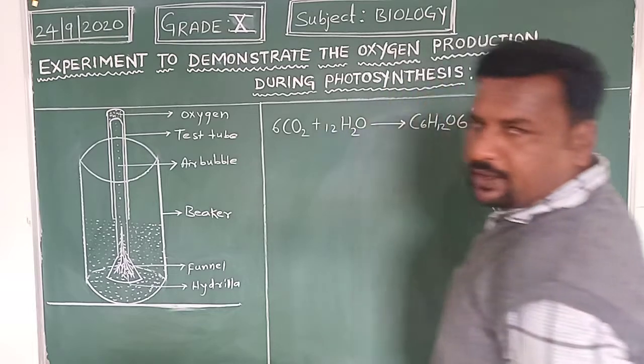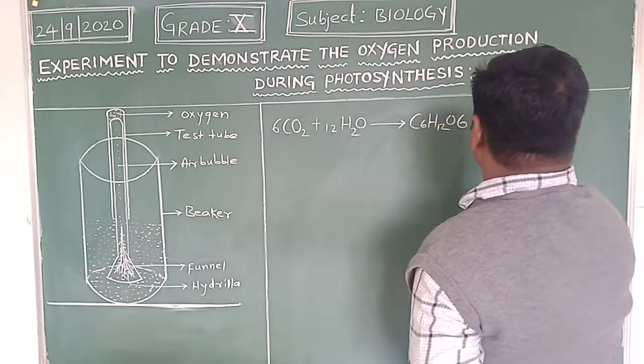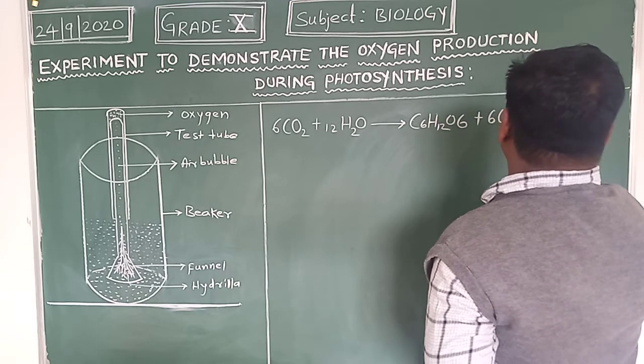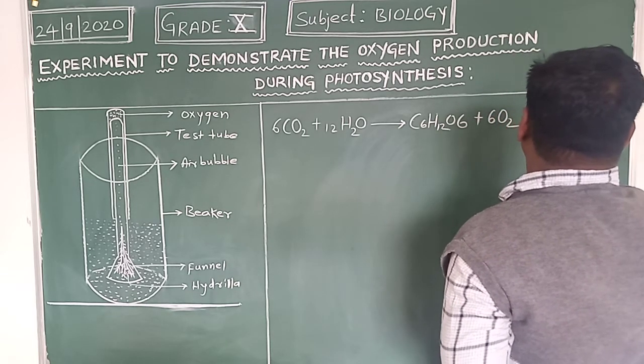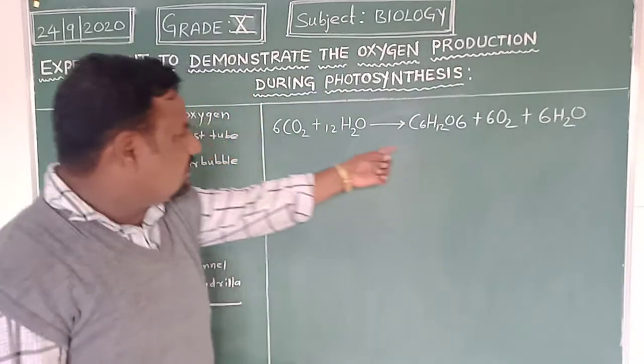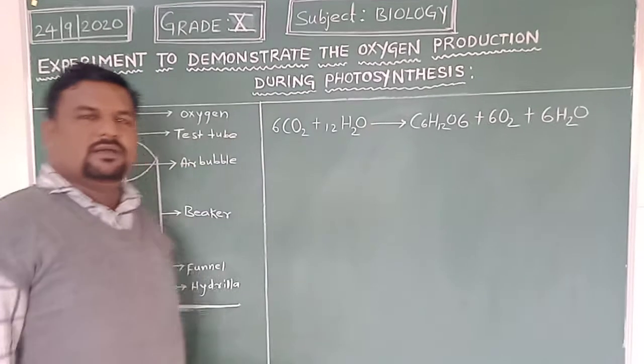This is the major product. In addition to this, 6O2 plus 6H2O. This chemical equation represents the photosynthetic activity in a green plant.